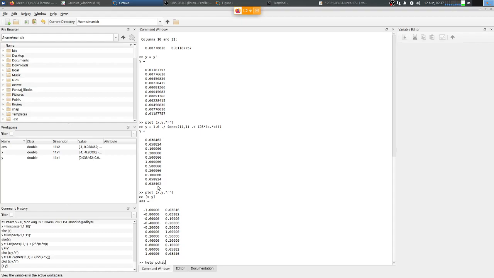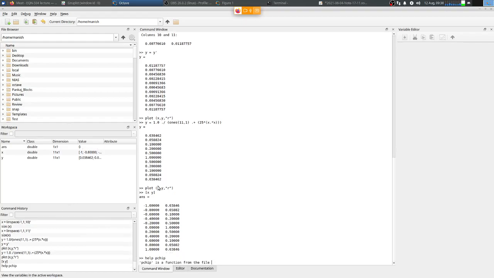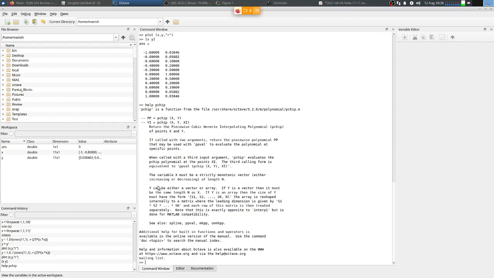We also discussed the Hermite interpolation polynomials, where we look at not just the function values but also the gradient. There is a way to generate the interpolation polynomial in a piecewise manner.